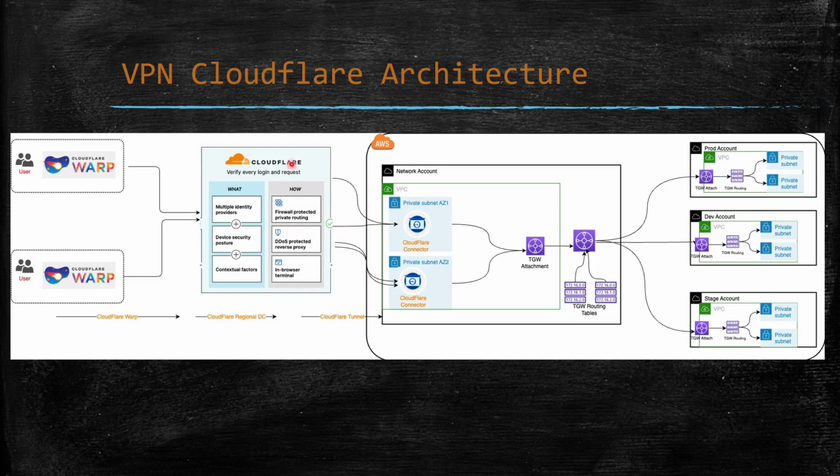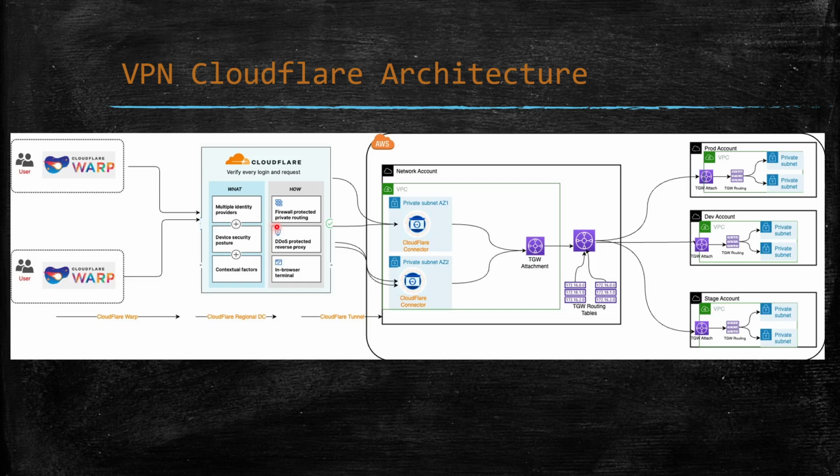So what benefit are we going to get here? Who is doing what, right? Suppose any user is trying to connect, the Cloudflare DC is where the traffic lands from your endpoint.